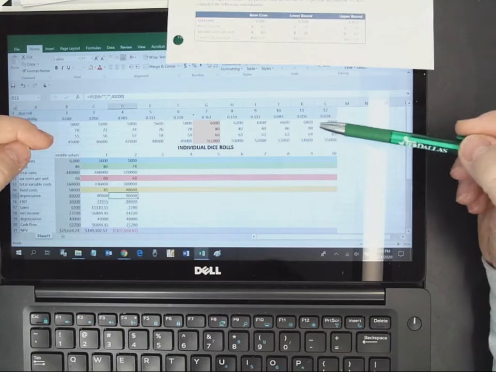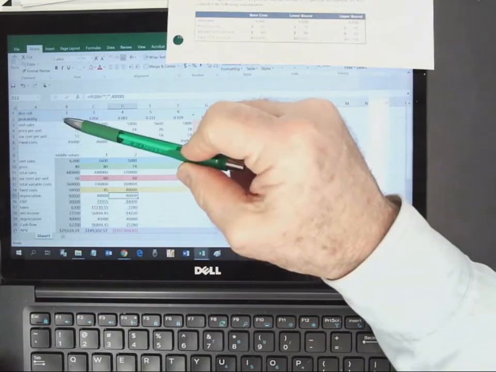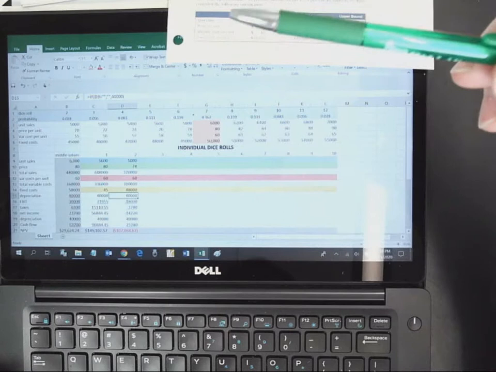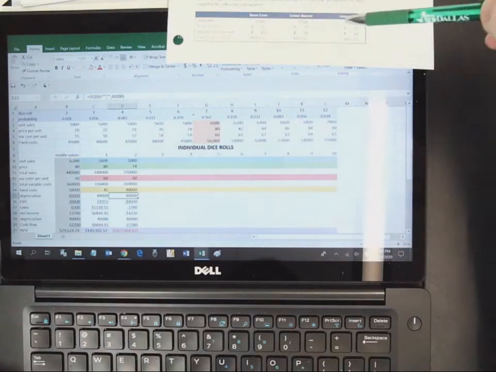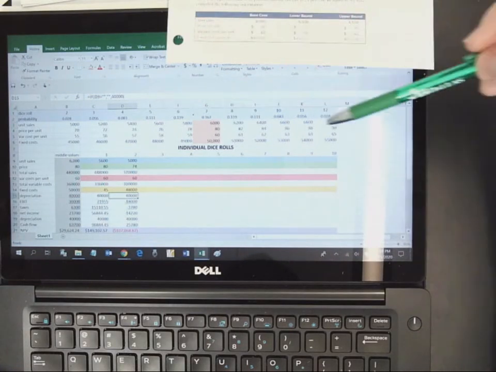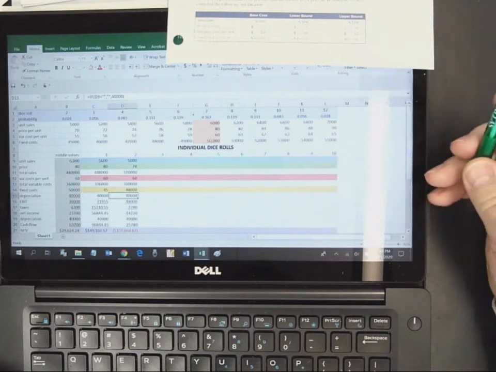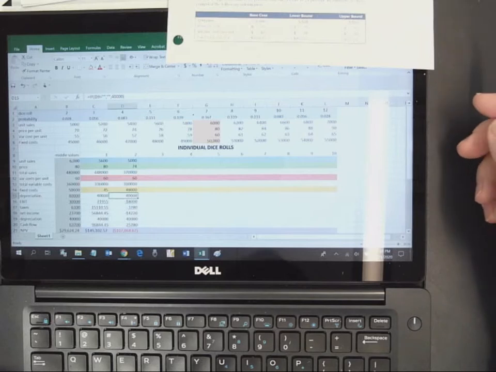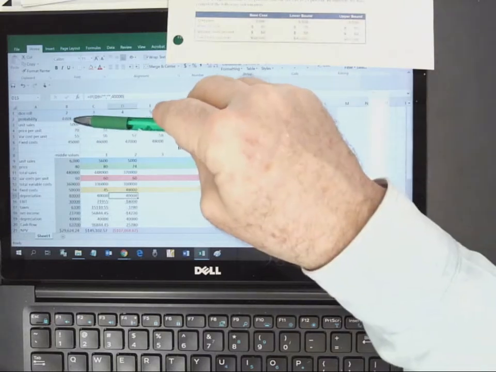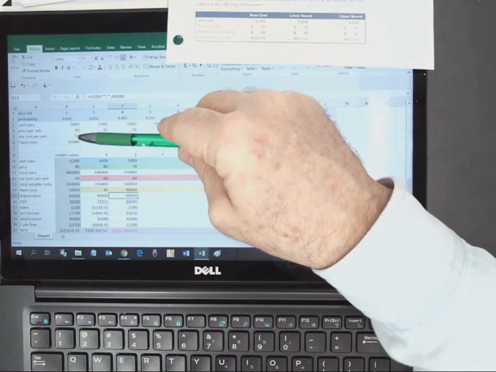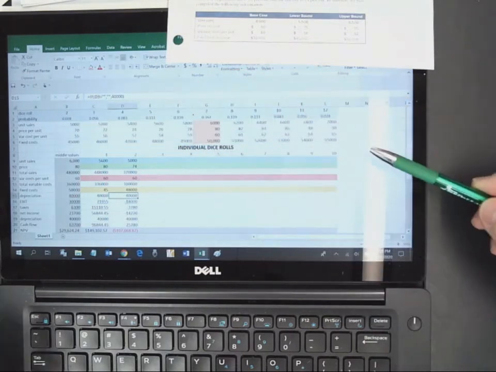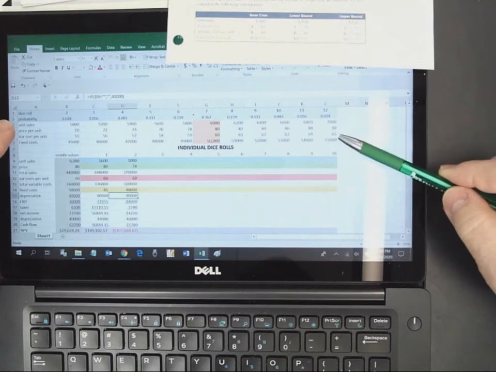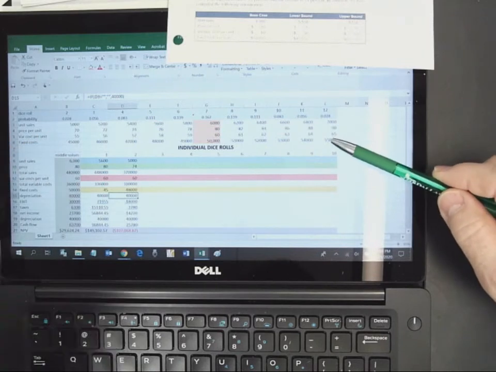I've done the same thing with price per unit. Instead of going from 75 up to 85, I've gone from 70 to 90. I've just spread these around to show more of a worst case scenario than a lower bound. Whether it would be these numbers or not is unimportant for this purpose. I've done the same thing for variable cost per unit, and with fixed cost I've only gone from the lower bound up to the upper bound.